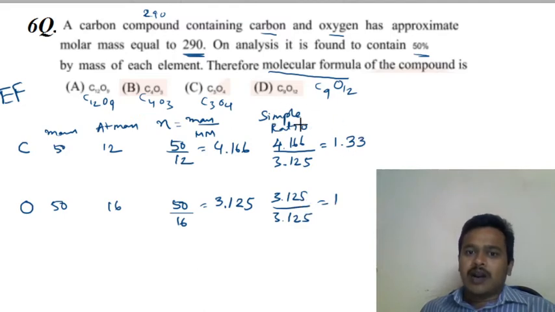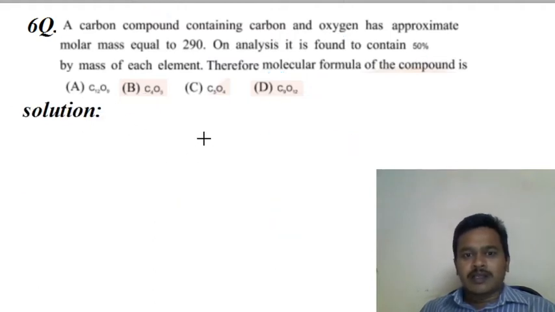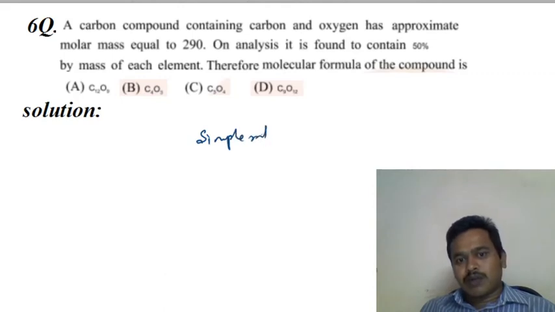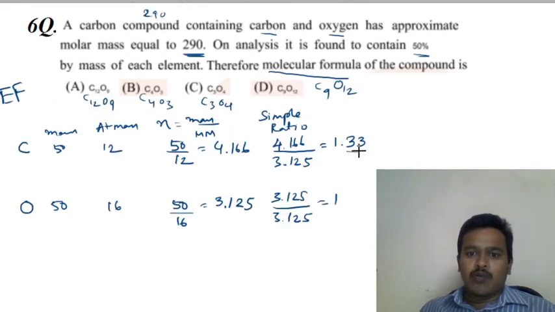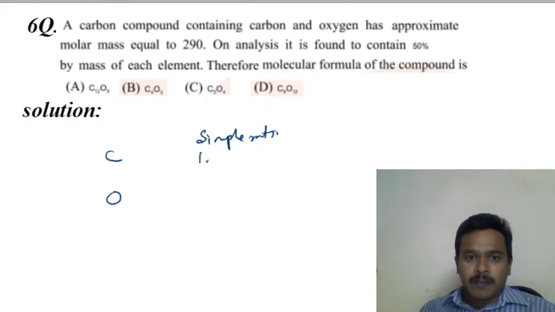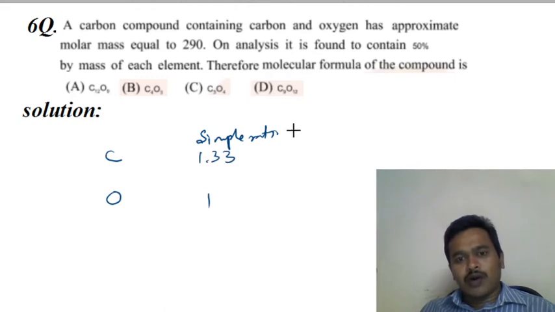Here I got the simple ratio 1.33 and 1, for carbon and oxygen respectively. That one I will write: 1.33 and 1. Here we are going to find the simple whole number ratio.